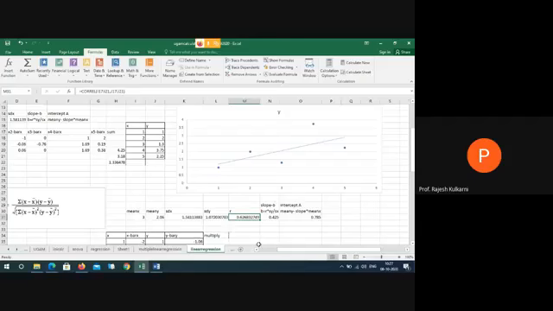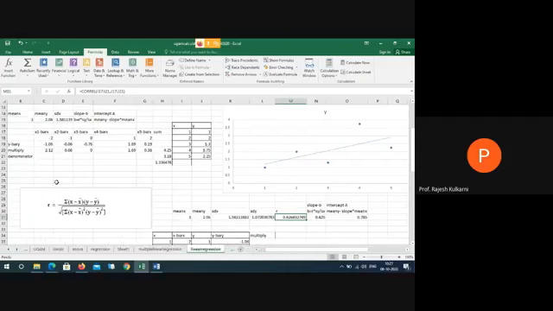Once we found the standard deviation of x and standard deviation of y, the correlation coefficient formula is this: the sum of (x minus x bar) times (y minus y bar), divided by the square root of the sum of (x minus x bar) whole square plus (y minus y bar) whole square.